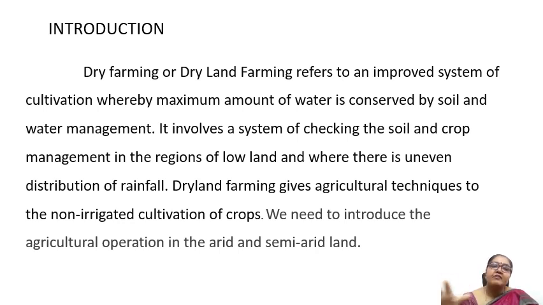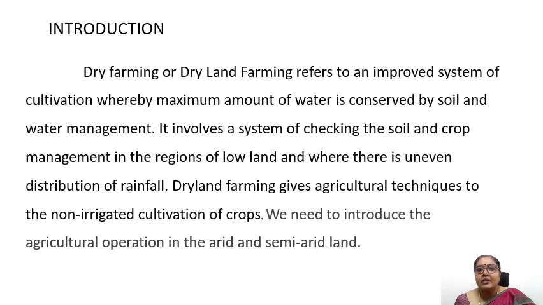Here they have abnormal patterns of rain, or a deficiency or shortage of rainfall, so the crops find it difficult to sustain and grow. So we are looking into that pattern where you can have a soil which will conserve and take more water. Dryland farming gives agricultural techniques for the non-irrigated cultivation of crops.